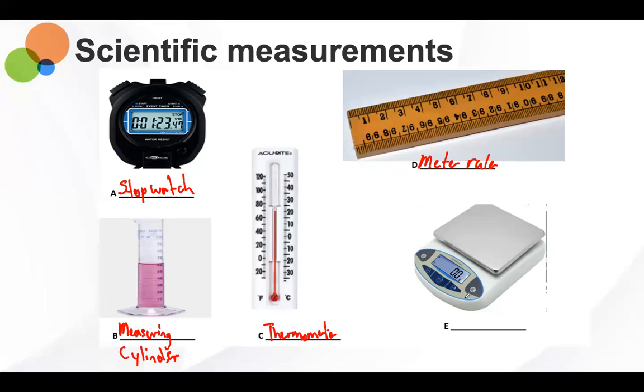Some might say scale, but the scientific name for it is a balance. So we usually say top pan balance. All right, so we all clear on this now? Yes, sir.